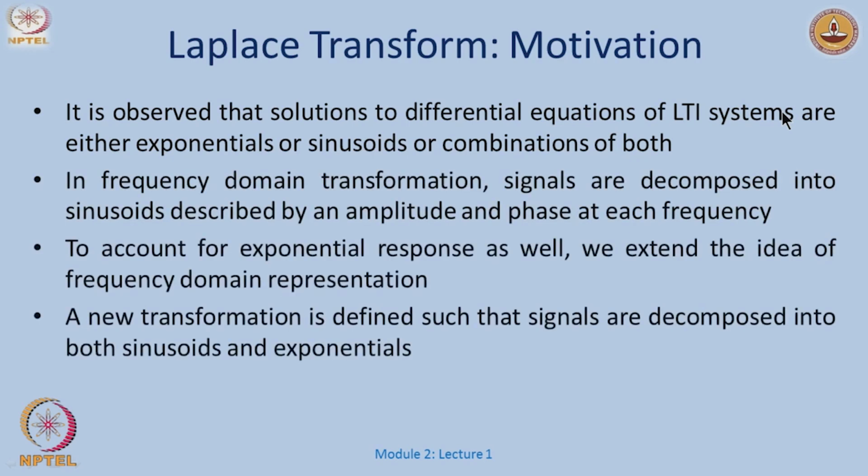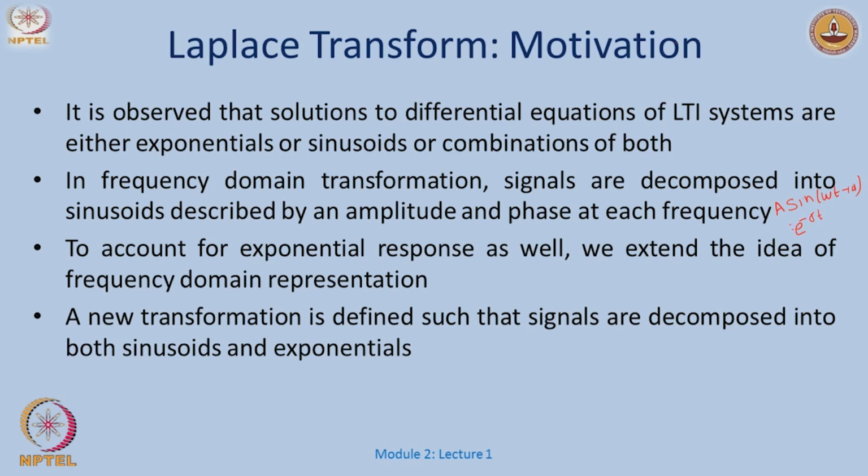And in addition to this, now what we have to do is also to account for, instead of just sin omega t plus phi, possibly with a magnitude a, the exponential response, which was e power minus sigma t in the previous slide, right.